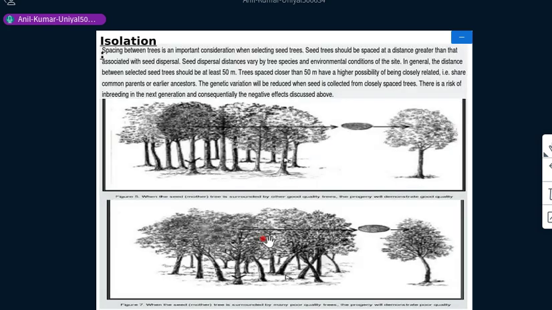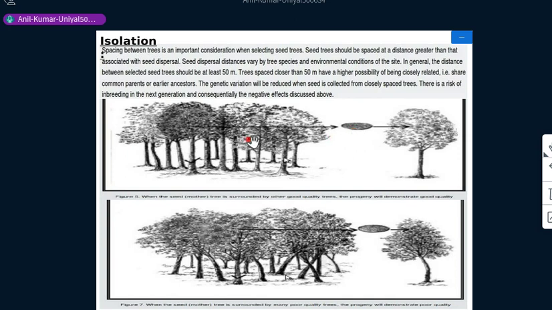Now we come to the next point. For selection of trees there should be a definite isolation system also, as we have seen in this picture. The trees are in close vicinity and have different growth patterns, but as per our desirability we must have a tree that is good in form.